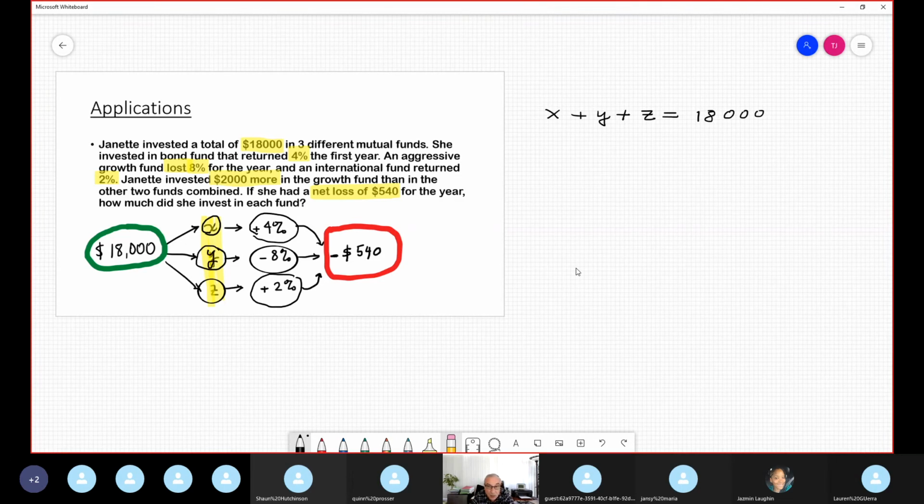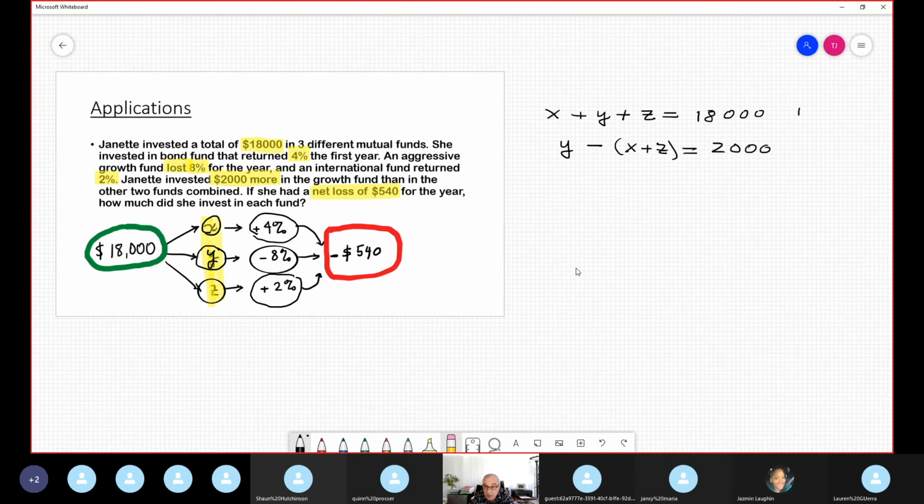So y alone is equal, minus combining is x plus z. So x represents 4%, z represents 2%, y represents negative 8%, and in the subtraction both quantities represent 2,000.